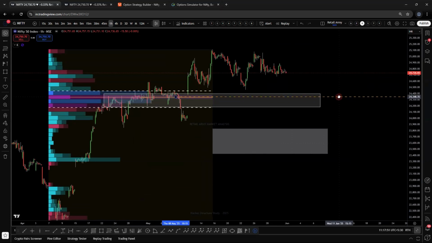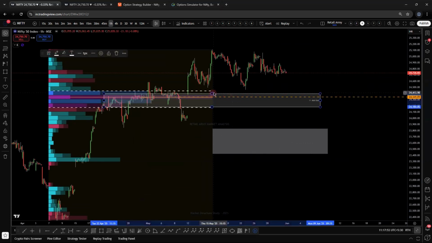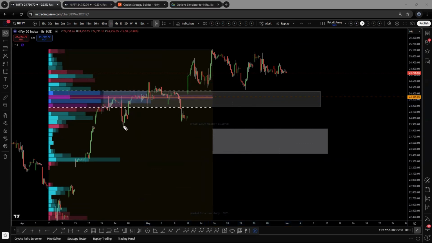What has happened in price is that price has gone for a new high, but POC has not shifted. So the question here is, the price has gone for a new high, POC has not shifted from this point. Shifting of POC is nothing but, like I told you, this is the area of most valuable transactions.